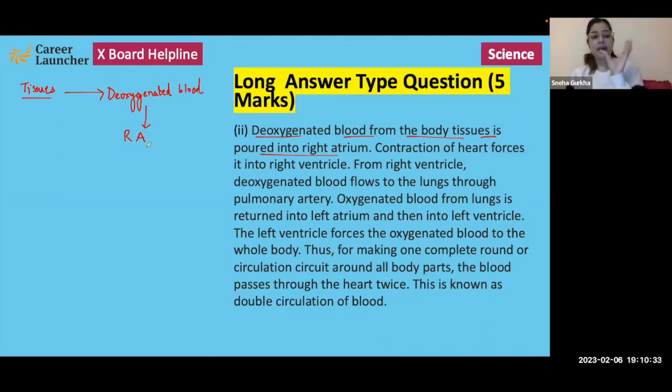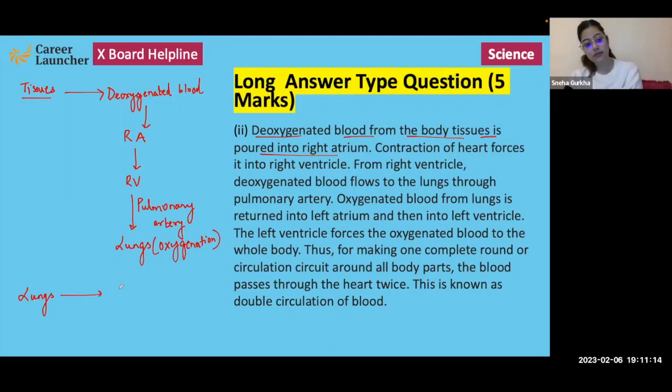atrium. When the heart contracts, the contraction of the heart forces this blood from the right atrium to the right ventricle, right? From the right ventricle, this blood is taken to the lungs for oxygenation via the pulmonary artery. Okay. Similarly, oxygenated blood from the lungs.